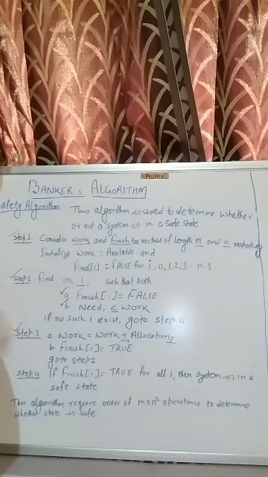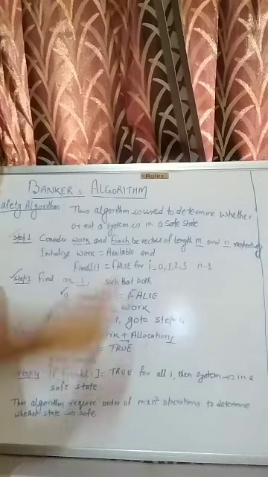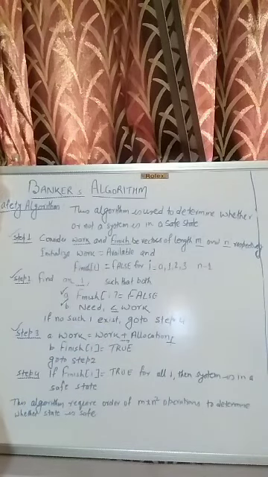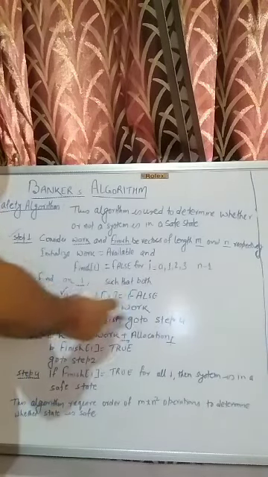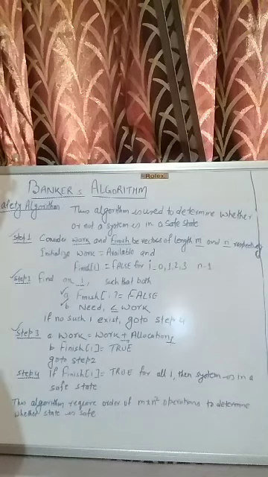And by this we find all the processes, or all such rows, for which finish of I equals false and need of I is less than or equal to work. And for that row we update accordingly using step 3. And after some time, if no such I exists, then we proceed to step 4.